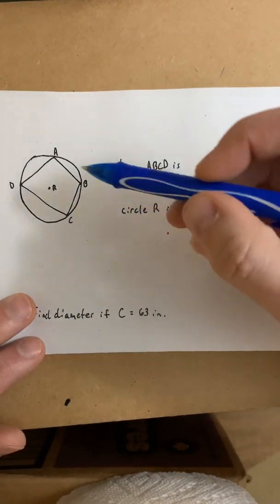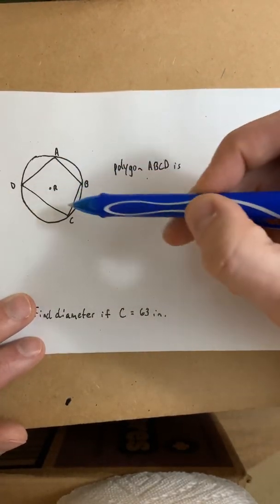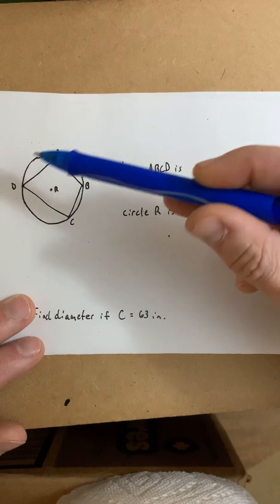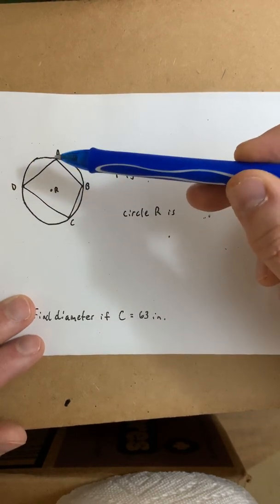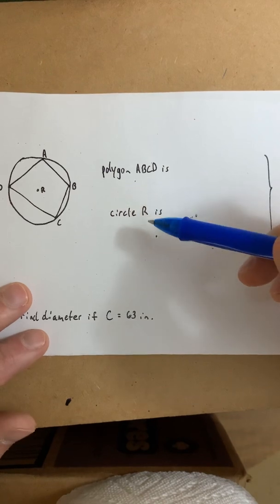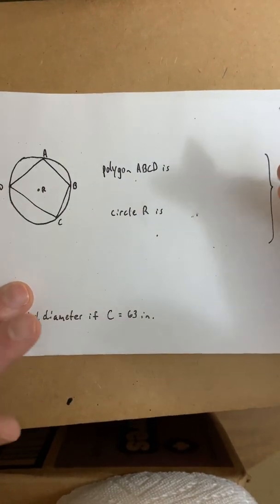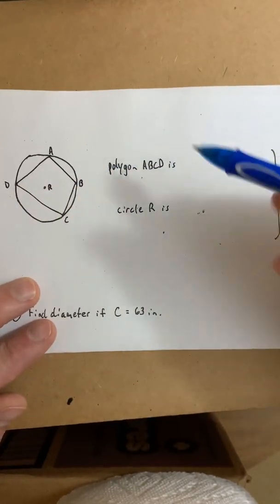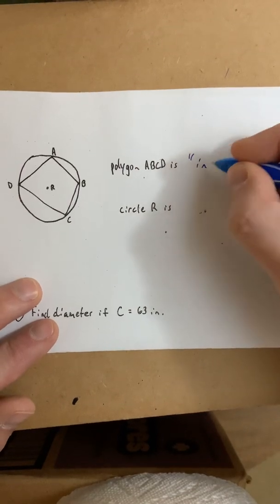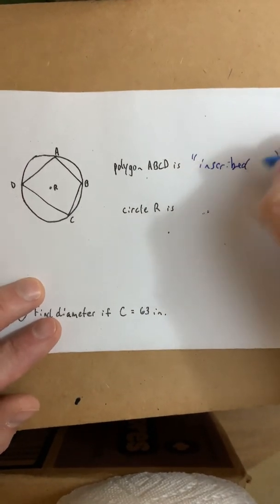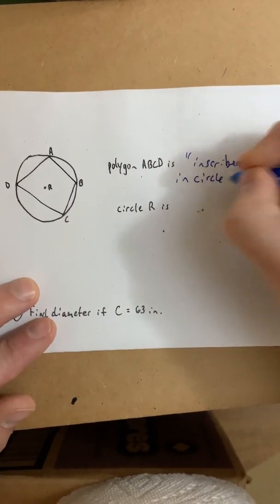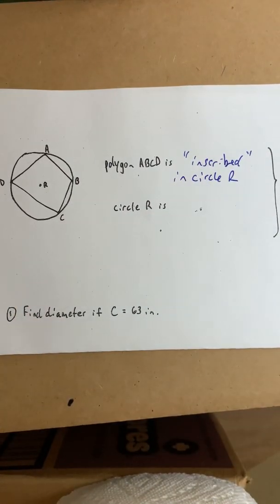All right, this figure right here, let's look at this. We have a quadrilateral drawn inside of a circle. So this is center point R, circle R, and this we'll just call polygon ABCD. You might see the terms inscribed and circumscribed. We've gone over those terms before. So you could describe polygon ABCD as being inscribed in circle R. That just basically means drawn on the inside of, pretty much.